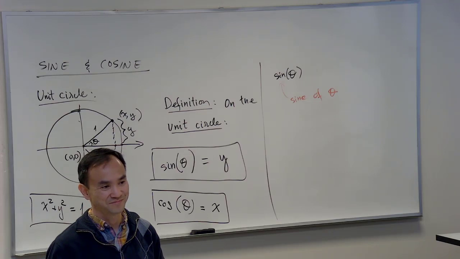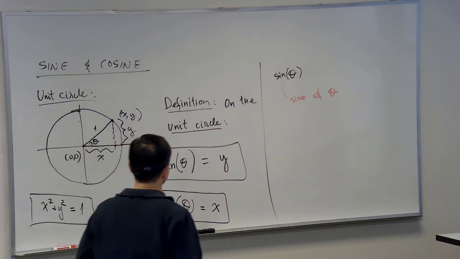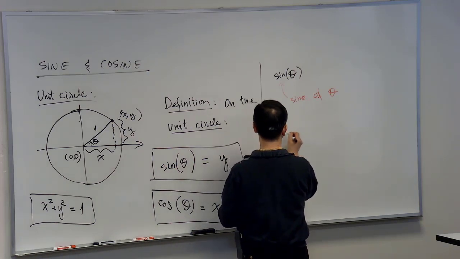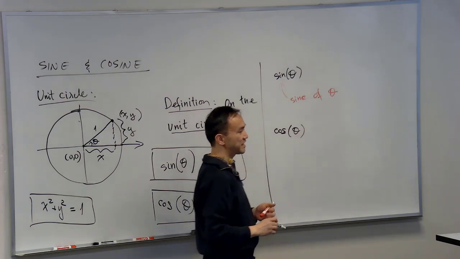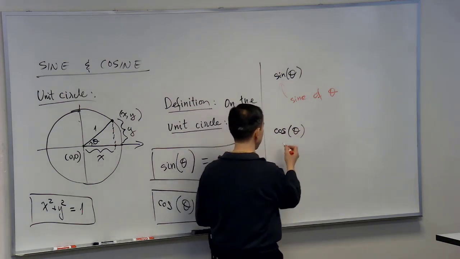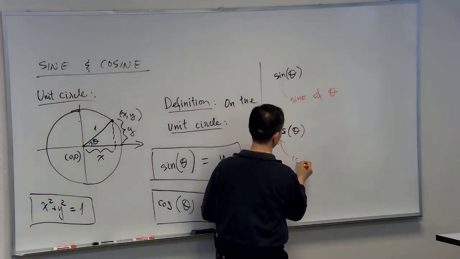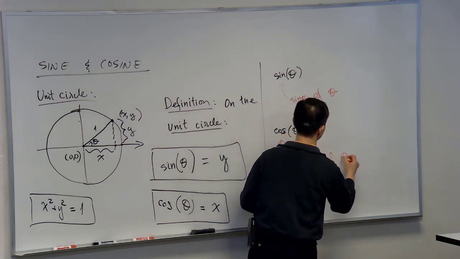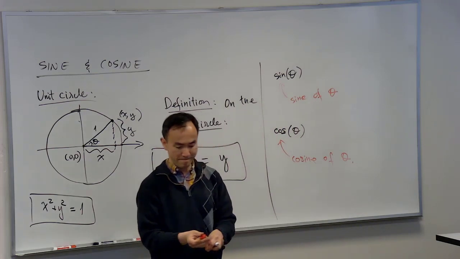That's how we read it. And then cosine, similar. Notationally, we write only cos, attached to that angle, but when you're verbalizing it, it's cosine of theta.